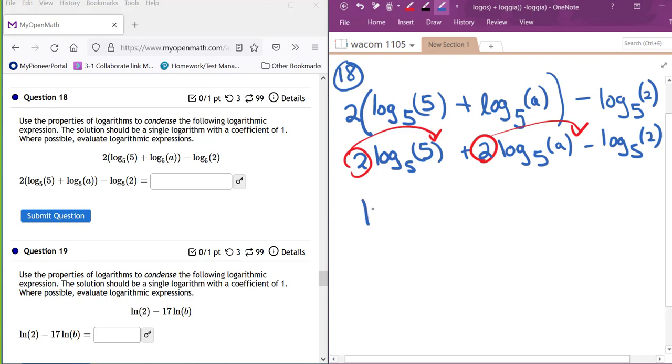So we're going to have log written only one time. This will be 5 squared. I went ahead and worked that out and put 25. And this will be a squared. Those go in the numerator. This is after the minus, so it will go in the denominator.